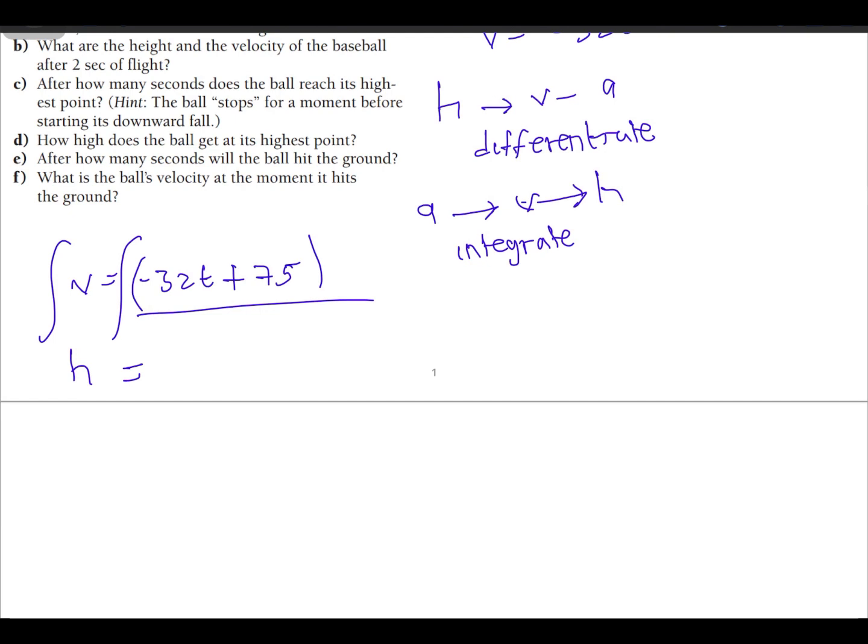And integrating this function, this is how we do it. We get negative 32t plus 75t, integration of a constant, and do not forget plus c.